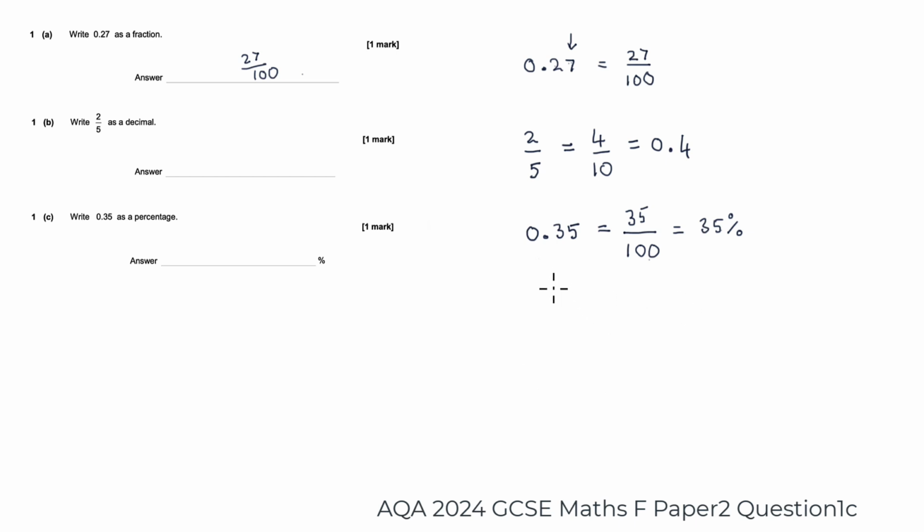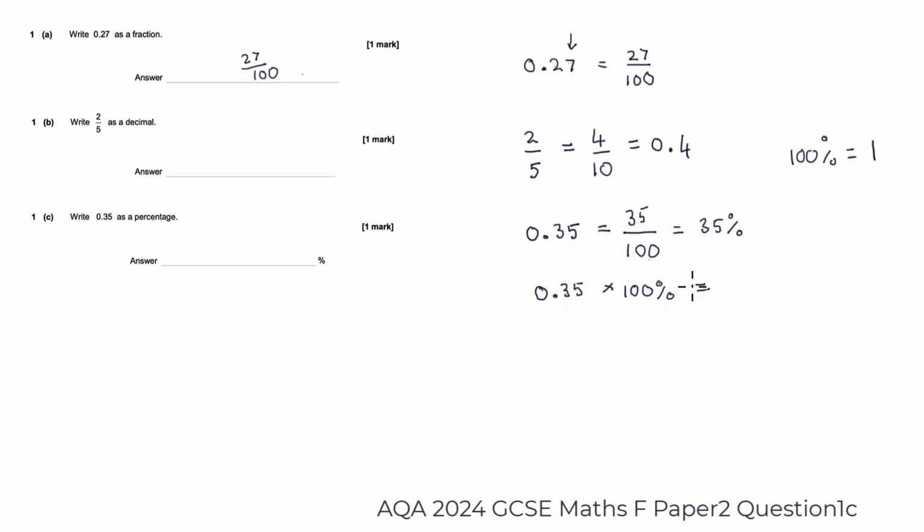There is another way of doing that, where if you're given any number and you want to change it to a percentage, you multiply it by 100%. Now 100% is just another way of writing 1. And if you multiply 0.35 by 1, you're still getting 0.35. So you're not altering anything by multiplying by 100%.